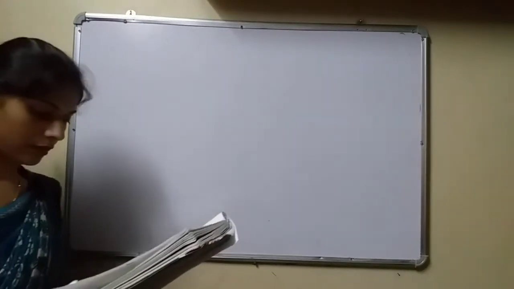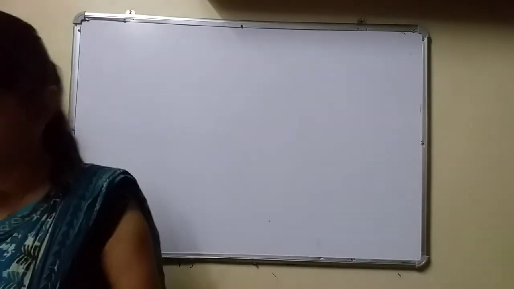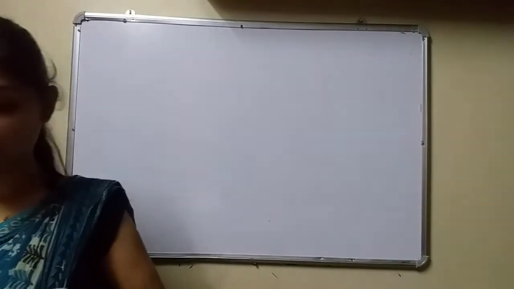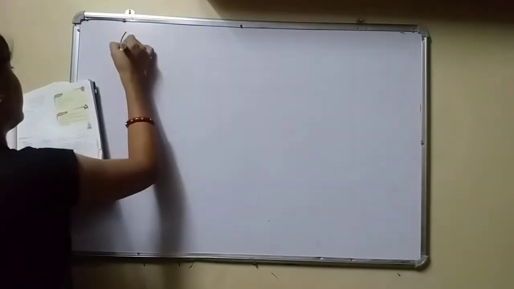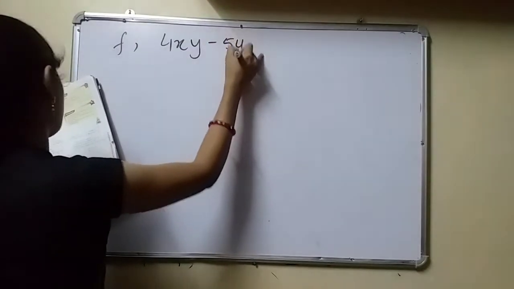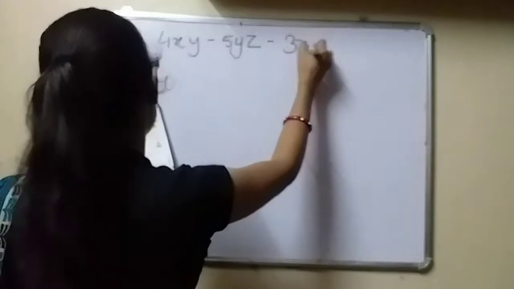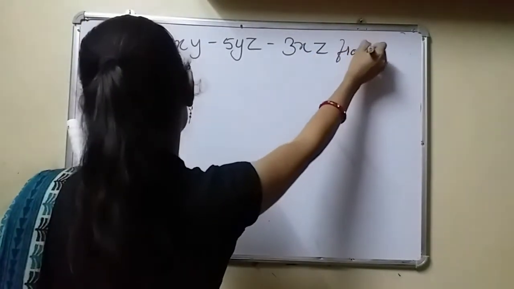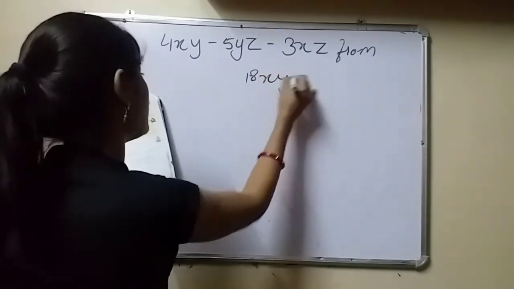Now see question number F. Subtract 4xy minus 5yz minus 3xz from 18xy plus 4yz.